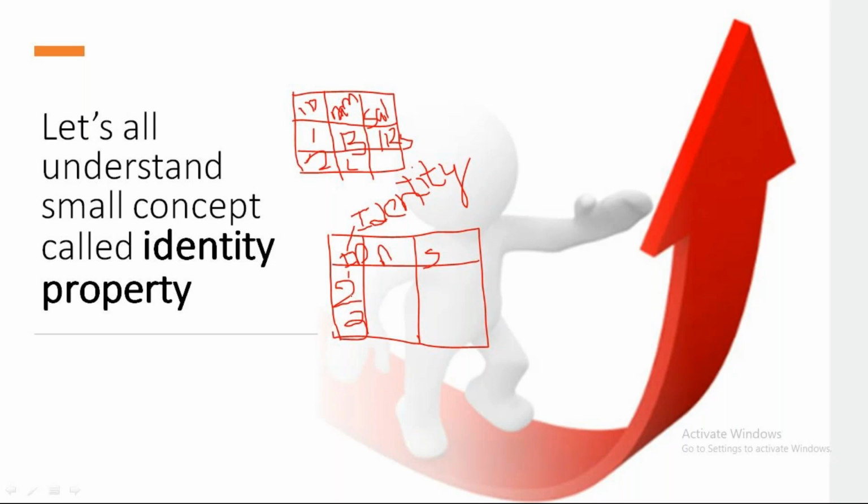But what if I want to take 10, 20, 30 like that? There is a flexibility that you can have a seed value, and after that you can give an increment.